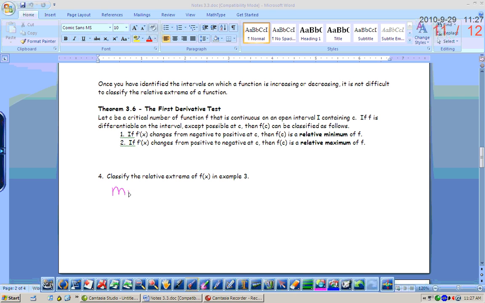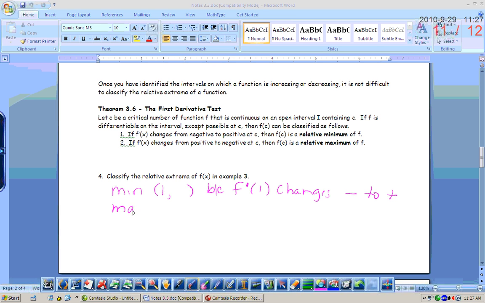All right, so we have a relative minimum at, where was our minimum? At 1, comma something, and I'll go back and find that in just a second, because f prime of 1 changes from negative to positive.